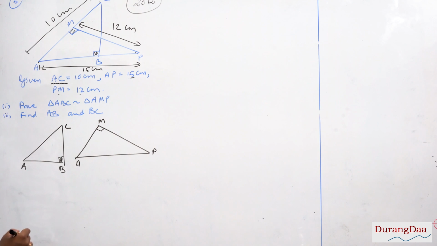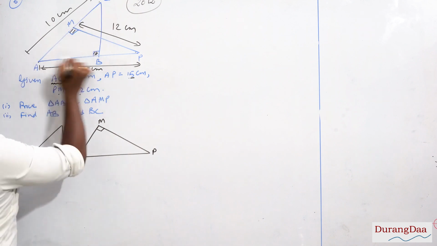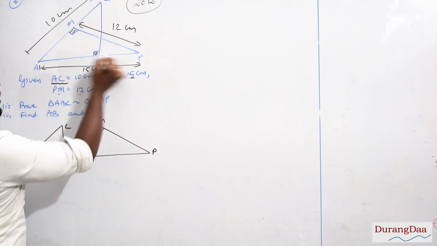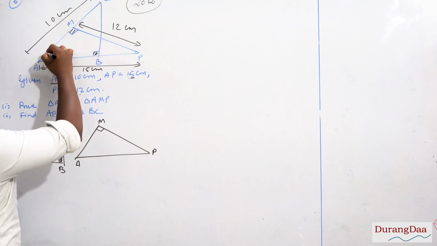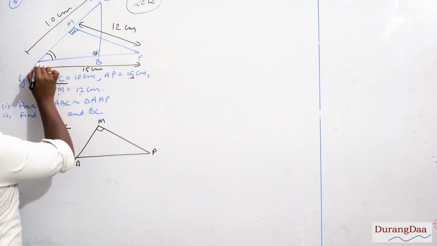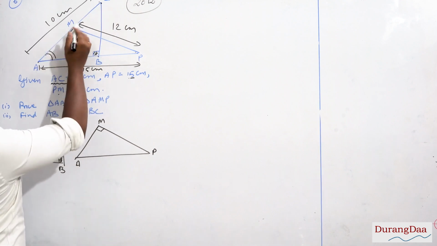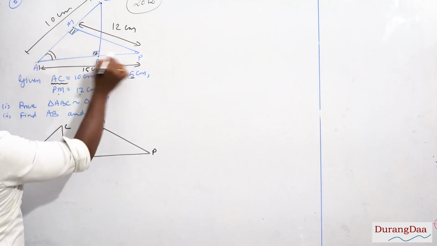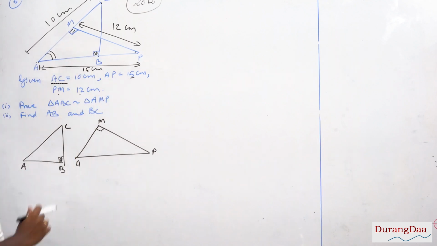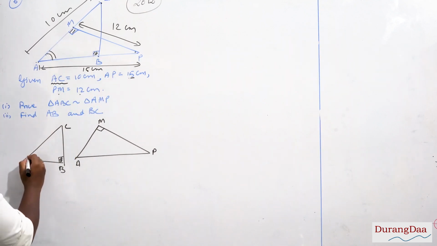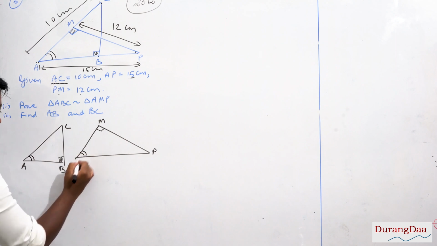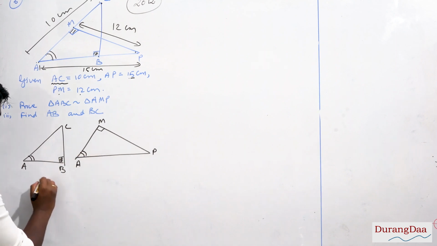Now what else is given here? From this figure we can see that both the triangles have a common angle here at A. Triangle ABC, this angle is common to angle MAP of triangle MAP. Alright, so one angle is common, that means this angle is equal to this angle. No problems. Let's start.